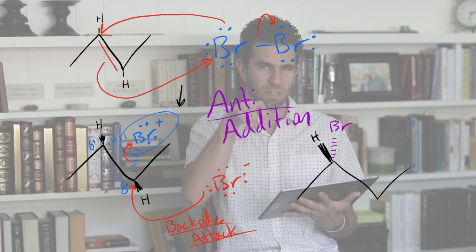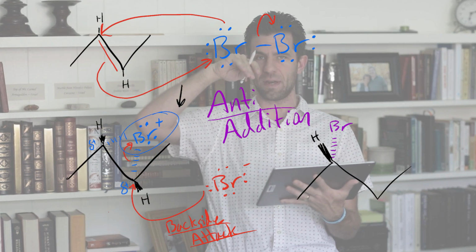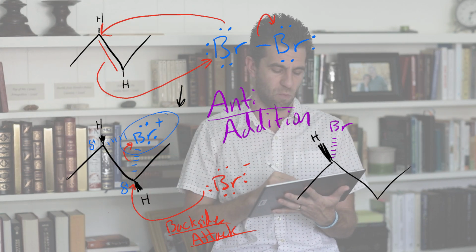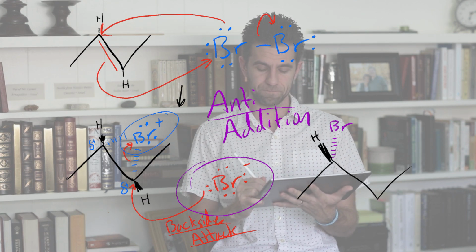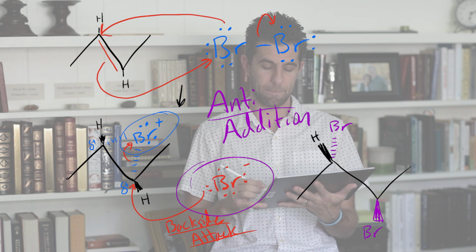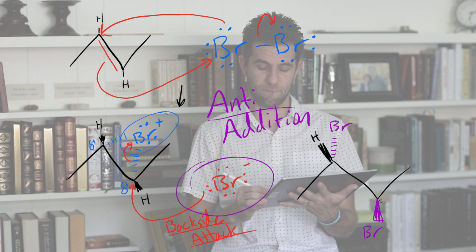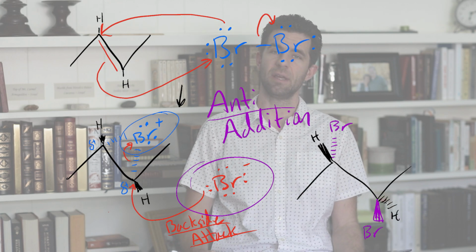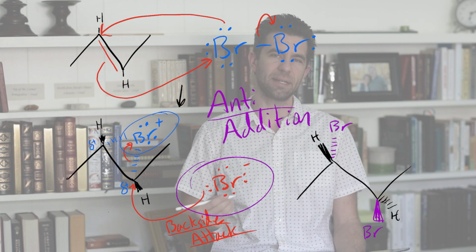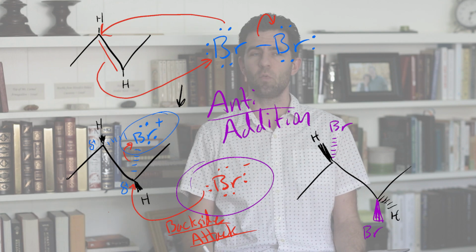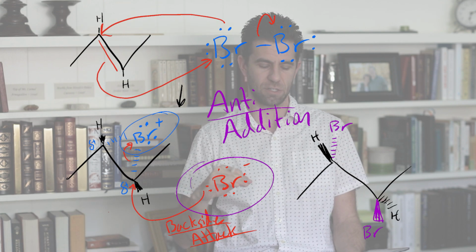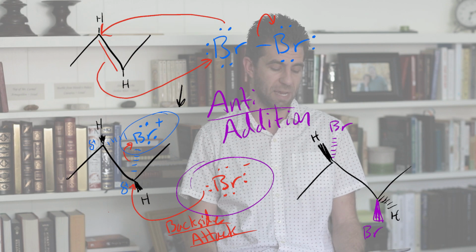So since that Br was towards the back, that other Br came in the front. The second, this red Br here, came in on the opposite side. So what we have here is a Br and a hydrogen like this. So this is called anti-addition because those Brs have added to the opposite sides. Whenever we add it to the alkene, we're adding it to those opposite sides. So this will always be an anti-addition.